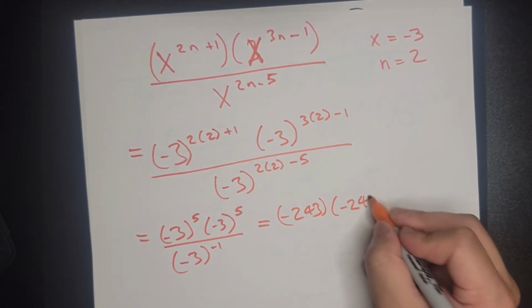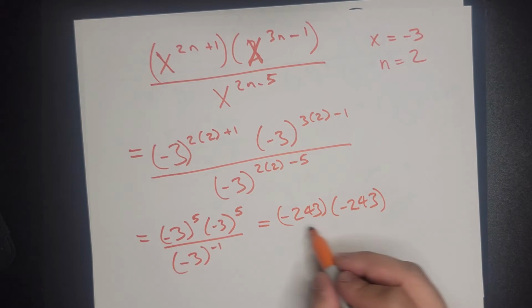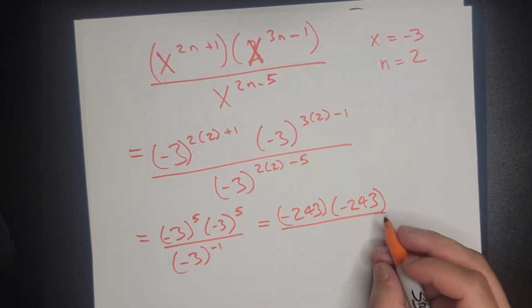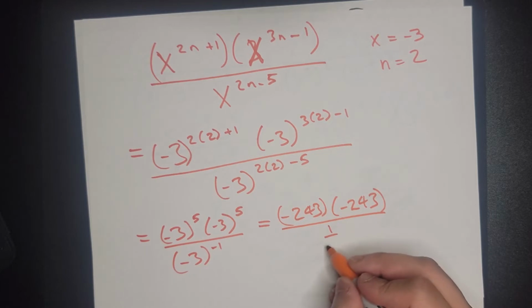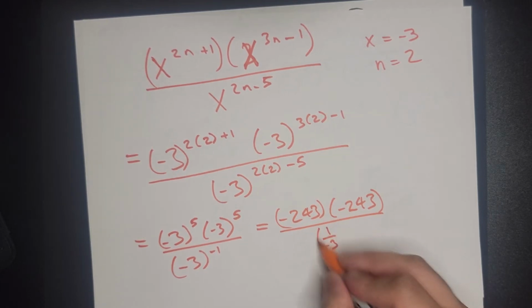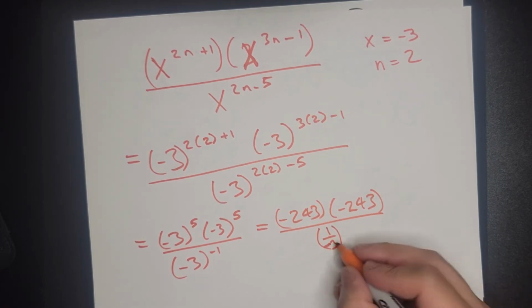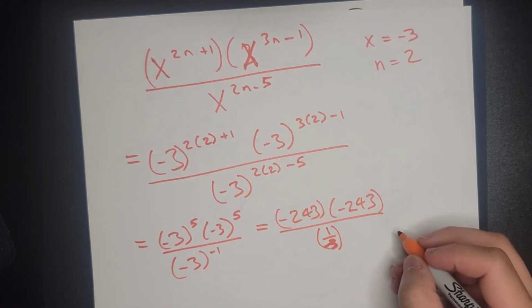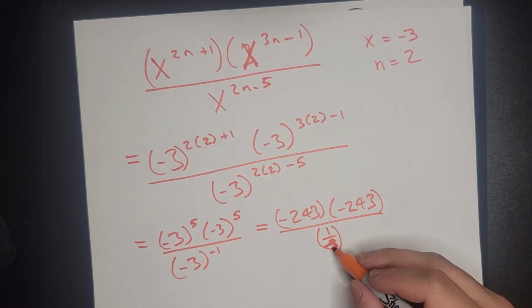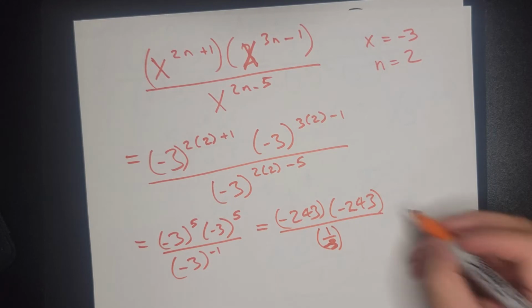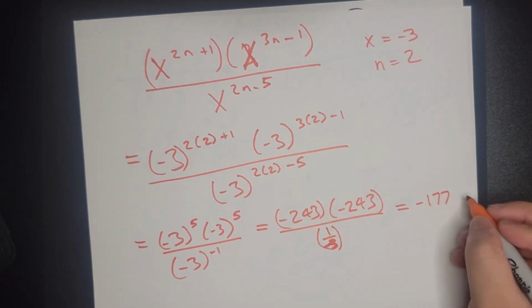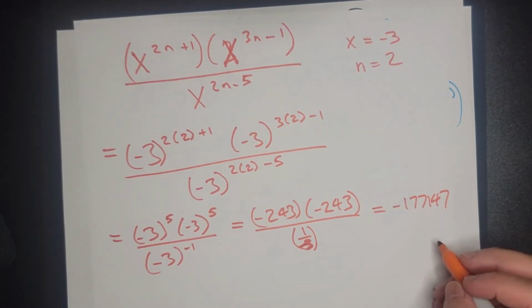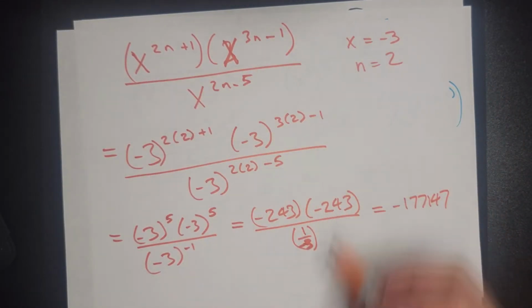Negative 243, and that's just over 1 over negative 3. If I punch this into my calculator, I should get 177,147. And that is what that comes up to.